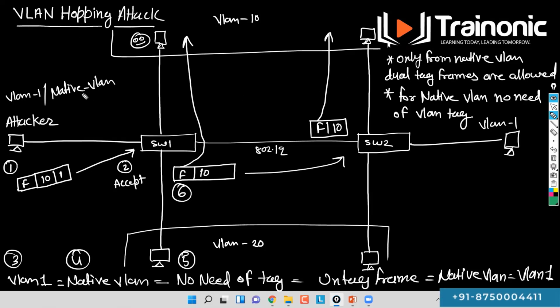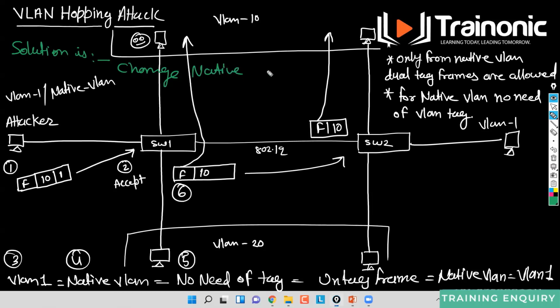What is the solution? The VLAN hopping attack solution is to change the native VLAN. Now what we need to do?